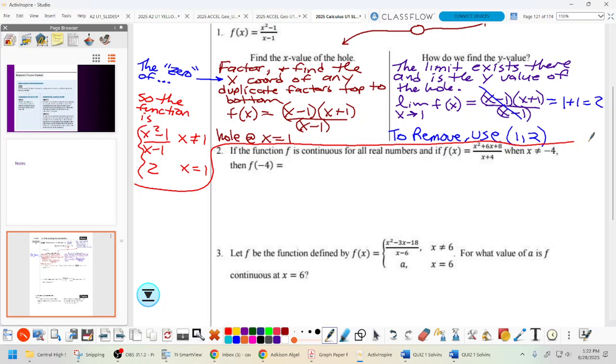So we're building this piecewise where the function is continuous. How do we do that? Well, we need to know where the x value is. It tells us in this one that it's at -4. So the x coordinate of our hole is x equals -4. The y coordinate, how do we find that?